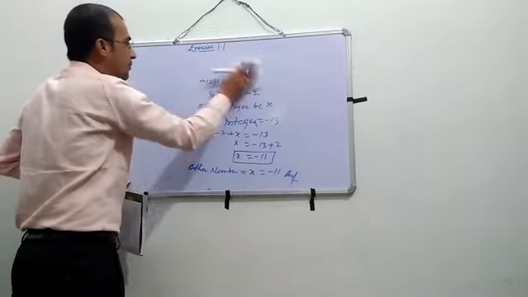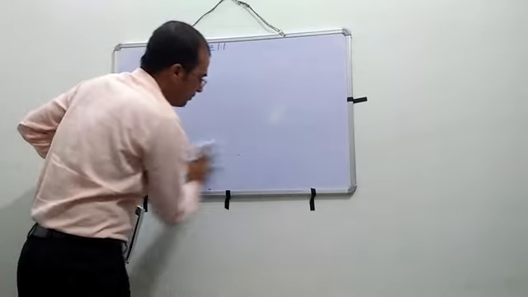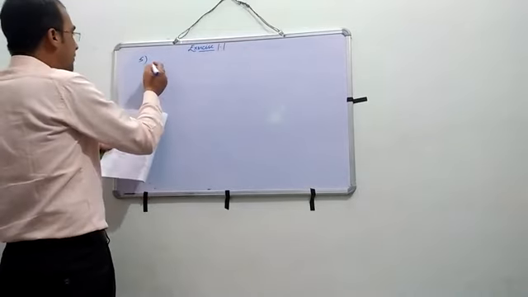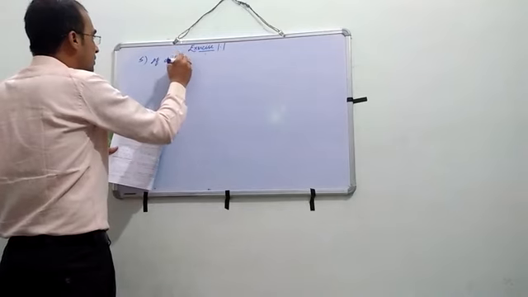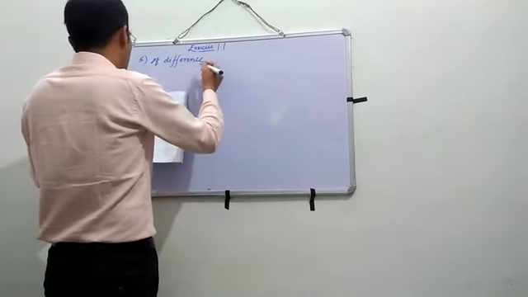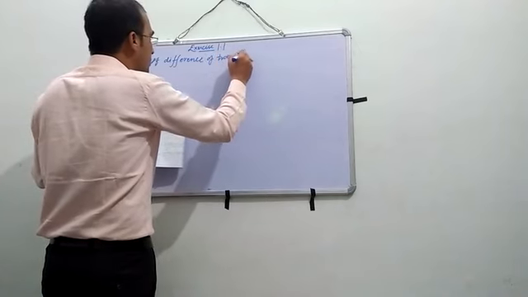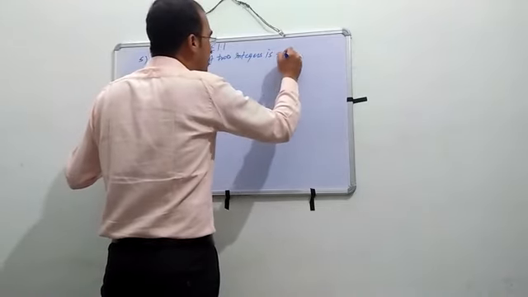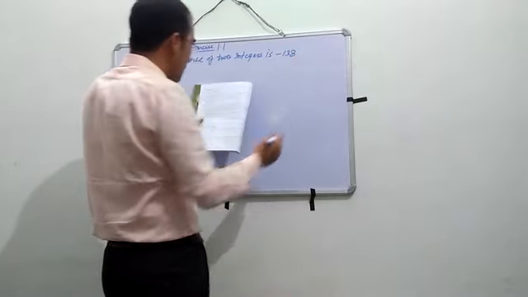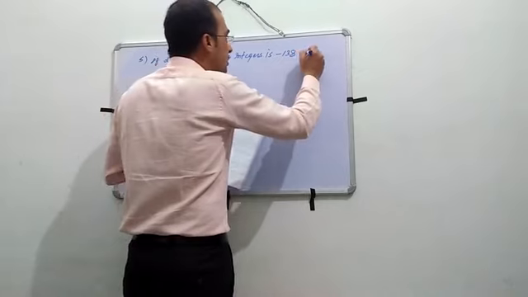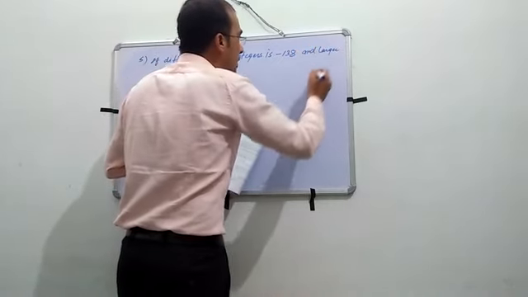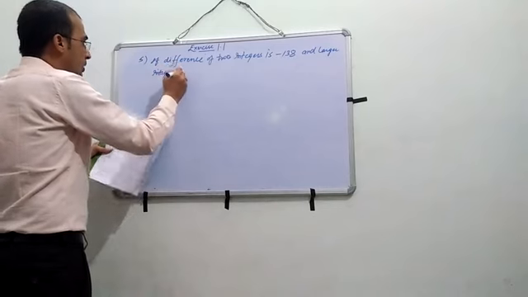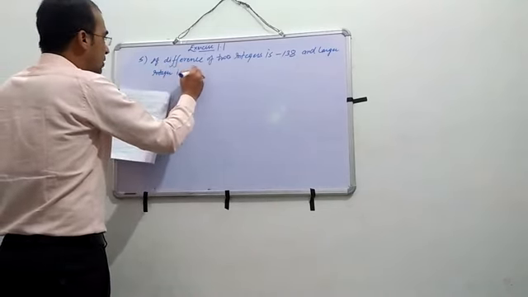So question number 5 is given. The difference of two integers is minus 138 and the larger integer is 22.